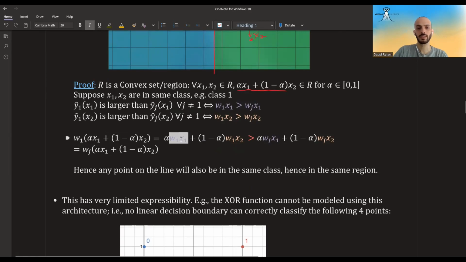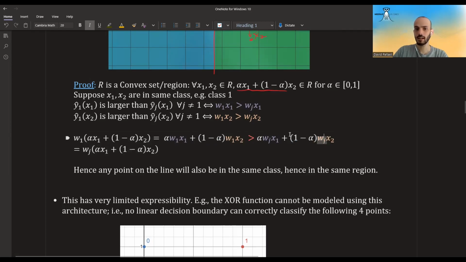So we know this is bigger than this because x1 is in class 1, and we know this is bigger than this because we know x2 is in class 1. And so this is a positive number. This is bigger than this. This is also a positive number. So we got this inequality.